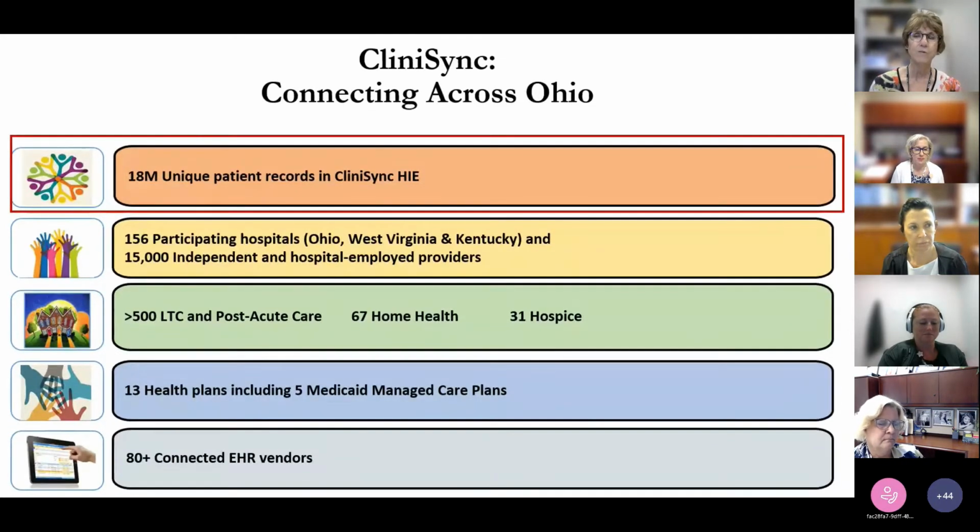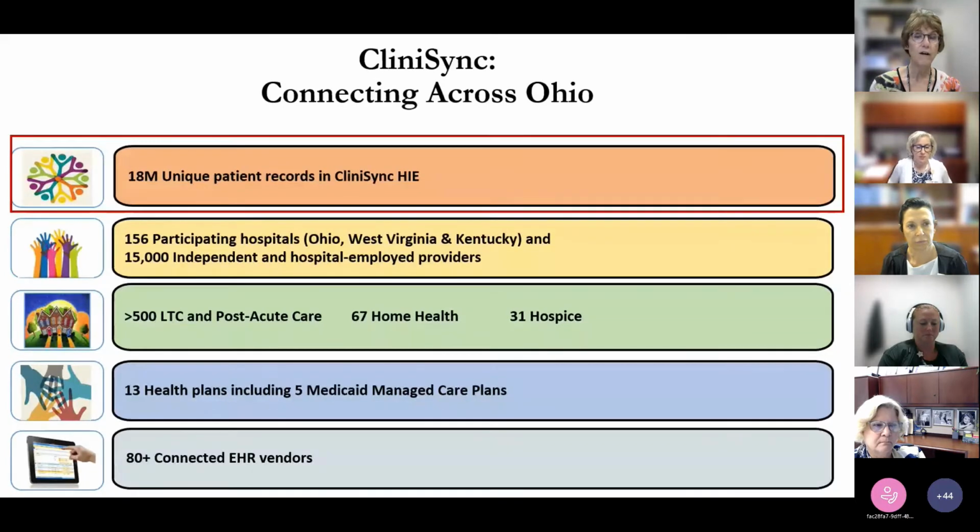It's rather that we maintain the master patient index and the record locator service, which allows us, when you query us, to send that query out into the field to everyone we're connected to and say, bring back any information you have on this patient. And so that is our model.